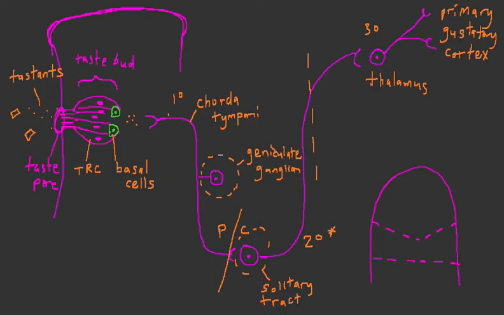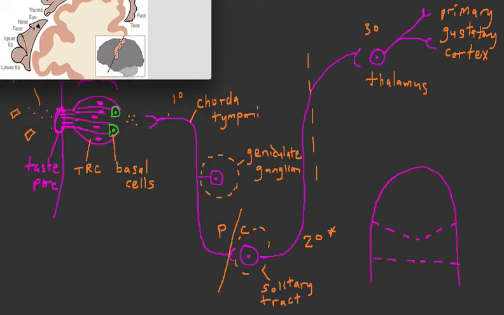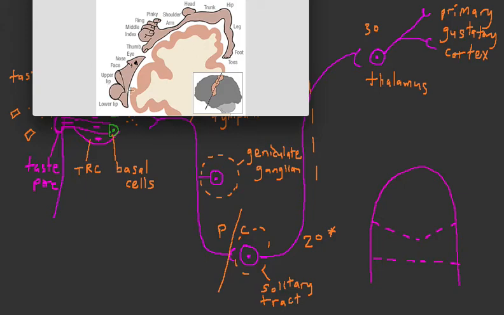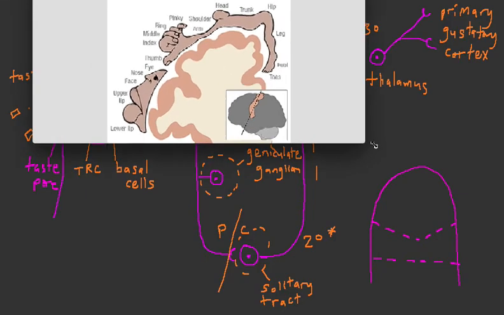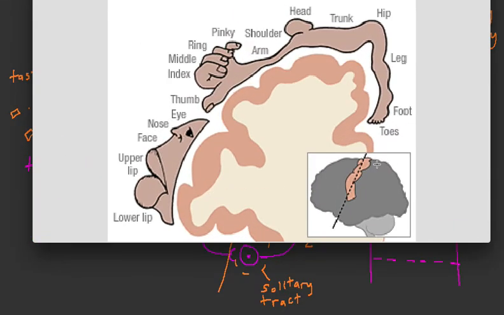Actually, let me just pull up a picture here so we can look at it. If you'll remember this sort of diagram, we're looking at where the tongue is on this lateral portion of the parietal lobe, and remember the primary sensory processing area is located on the posterior side of the central sulcus.